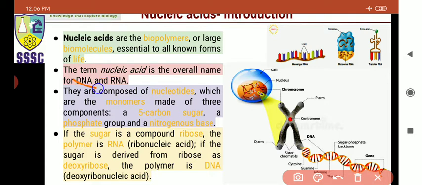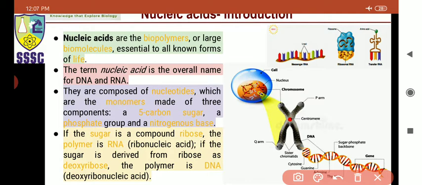So we know that there are two examples of nucleic acid, DNA and RNA. They are composed of nucleotides, which are monomers of three components. So they are the polymer, just like amino acid in protein.